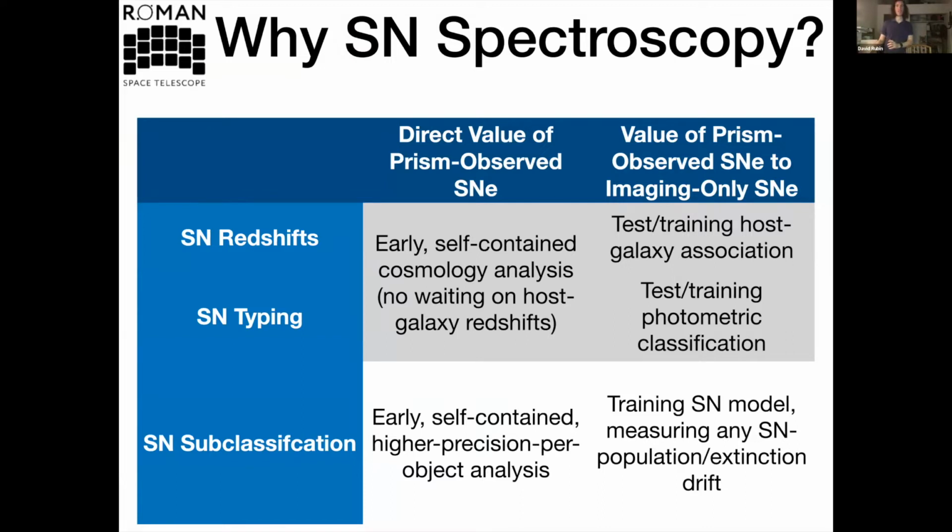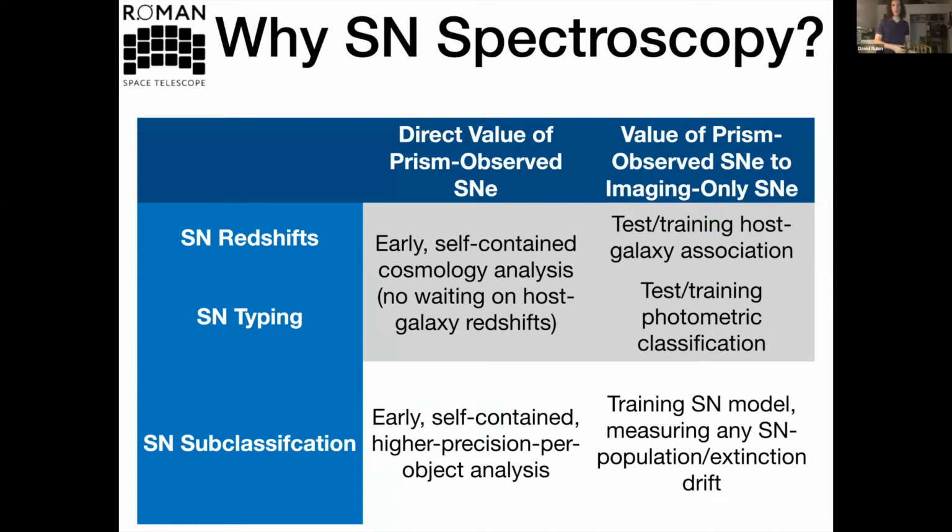And then there's the value of that sample to the larger sample of supernovae that are only observed in the imaging. So we can think of two categories. And then we can think about each of those two categories with redshift, supernova typing, and supernova subclassification.